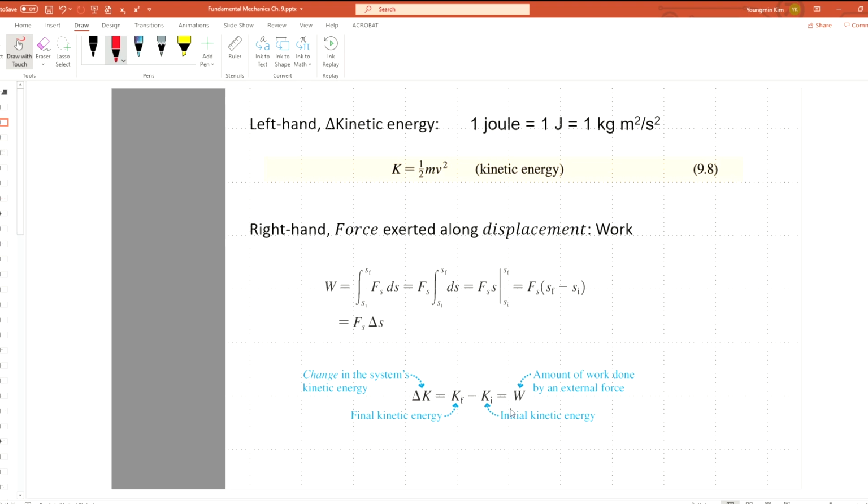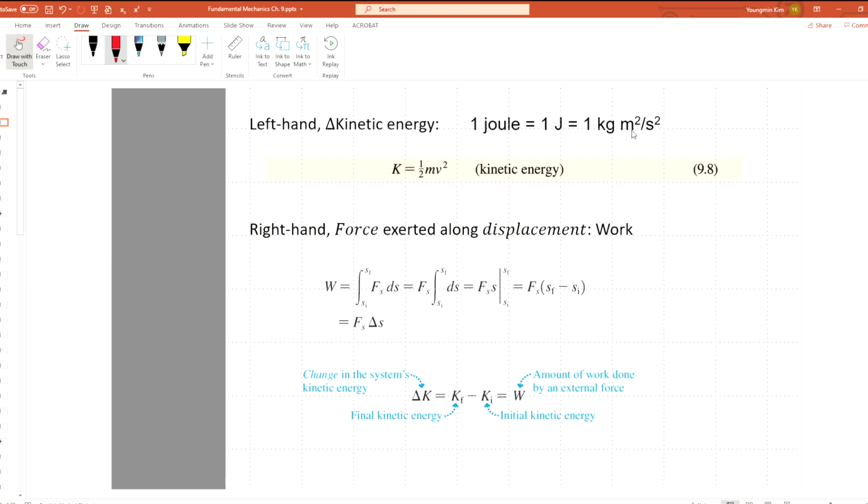Now, what would be the unit of work then? Take a look at this expression here. The unit of force is Newton, and the unit of displacement is meter. Newton multiplied by meter is equal to joule. 1 Newton is kilogram times meter per second squared, and then you multiply by another meter from the displacement, so you have meter squared divided by second squared.